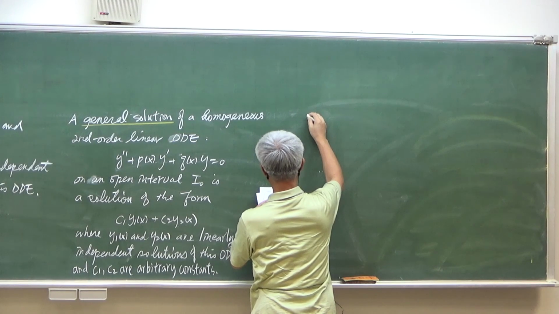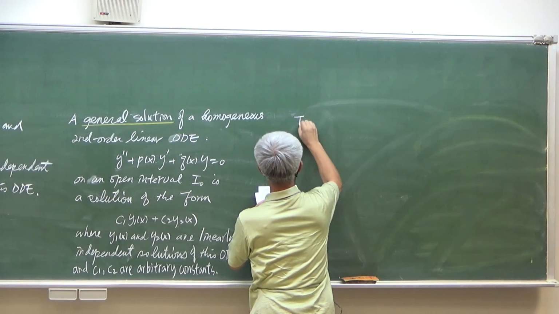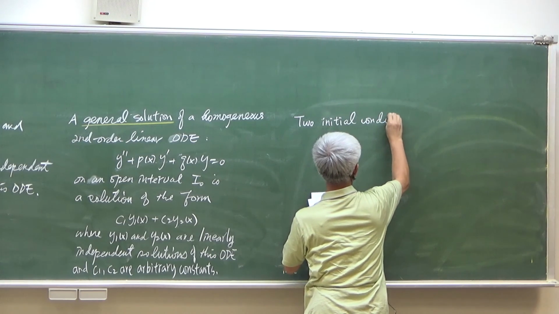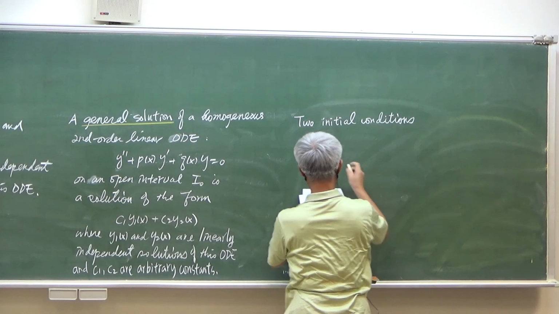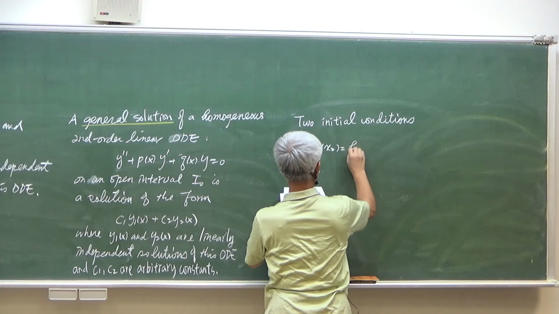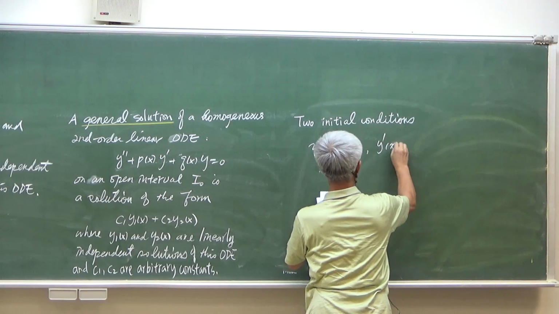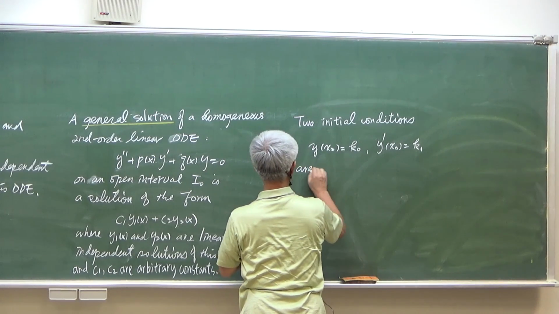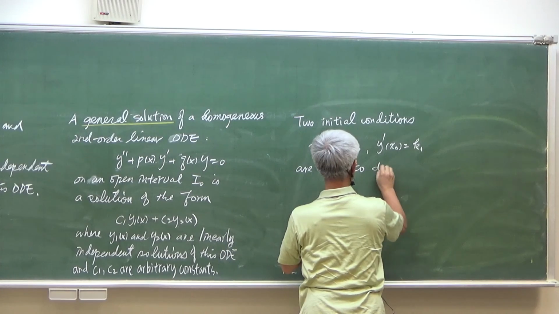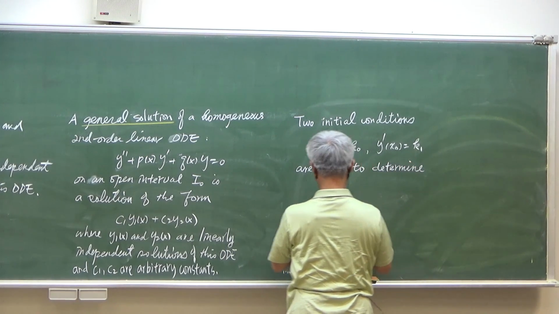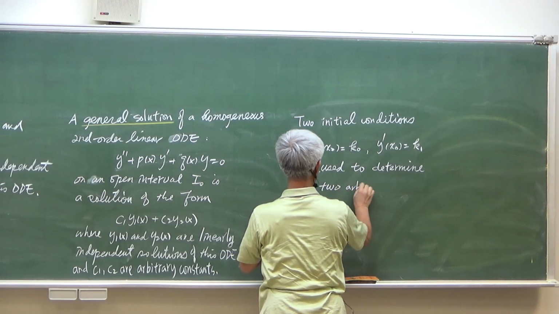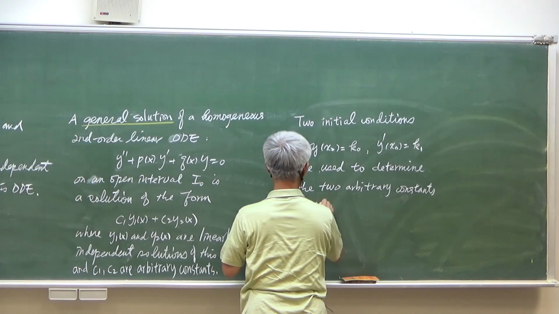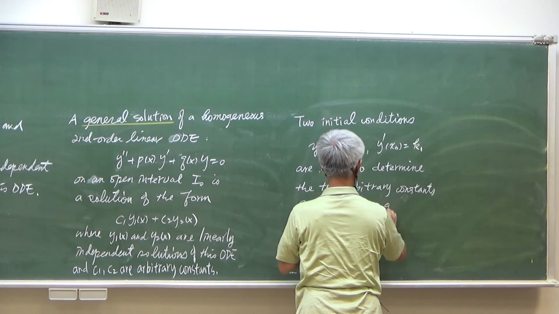Two initial conditions, y(x0) equal to k0 and y'(x0) equal to k1, are used to determine the two arbitrary constants C1 and C2 in a general solution.